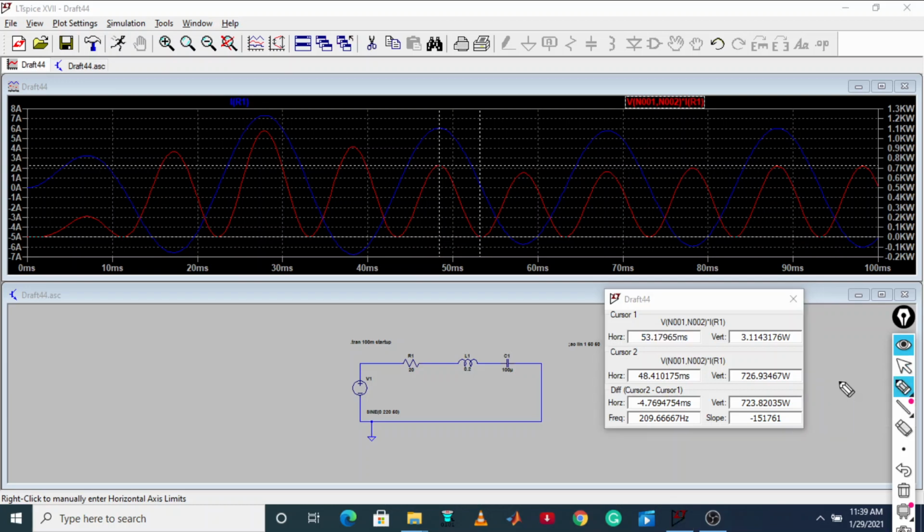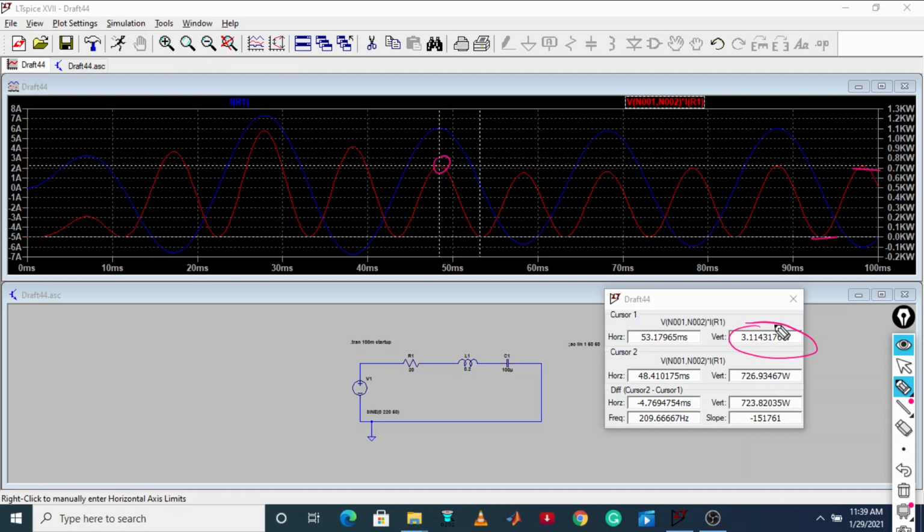If you check the cursor 2 information, it is showing around 726, and cursor 1 it is showing 3.11 watt.